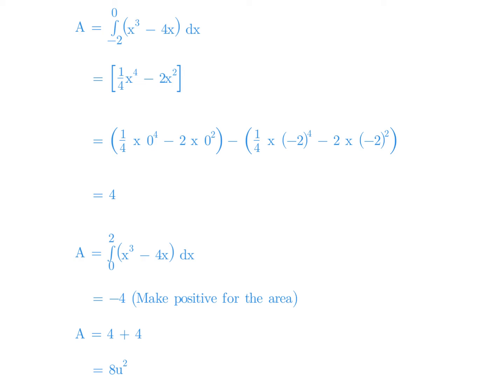Doing the same with the 0 to 2, because it's actually the same values just on the other side, we will get -4 instead. So if you were to follow the same process, but we need to make that positive, so that becomes +4. Adding those two areas together, 4 plus 4, gives us 8 units squared.